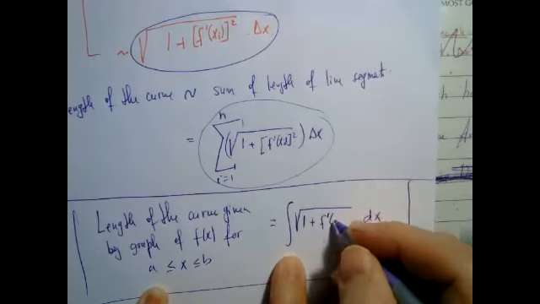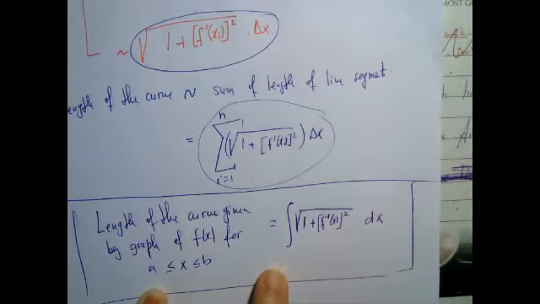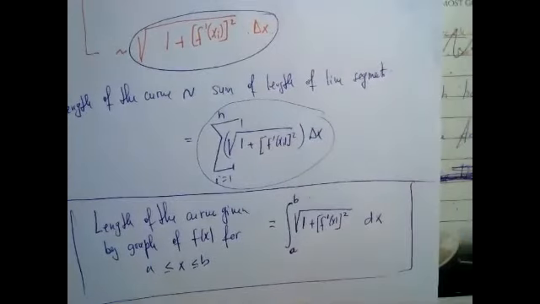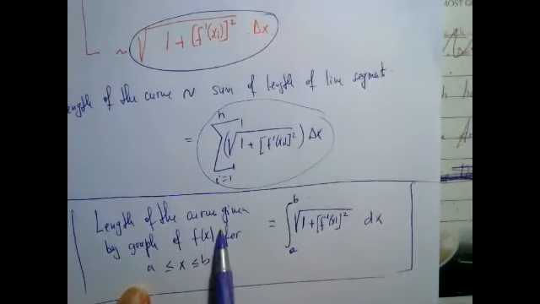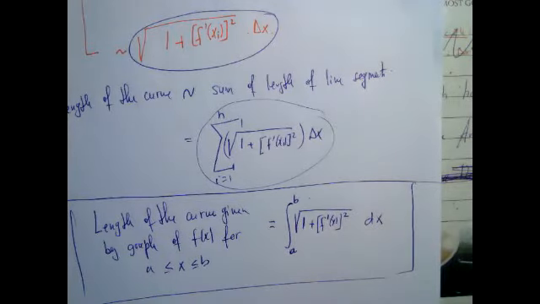That's important, that's the derivative squared. So the length of the curve given by the graph of f for x between a and b is given by this integral. So that's really the formula, how we derive the length of the curve.